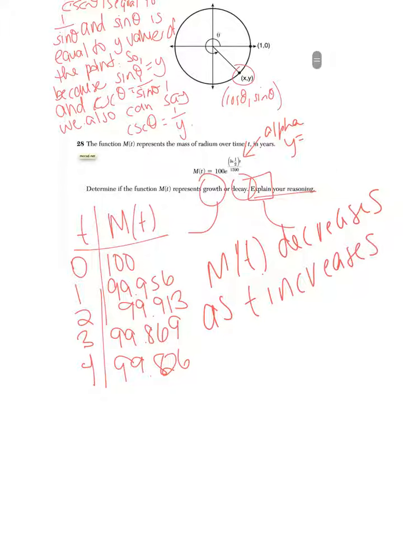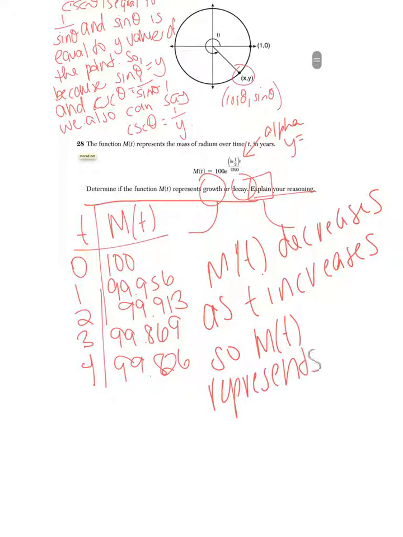So as t is going up, m of t is going down. So you also have to say what that means. So m of t represents, that's a t, not a d, represents decay.